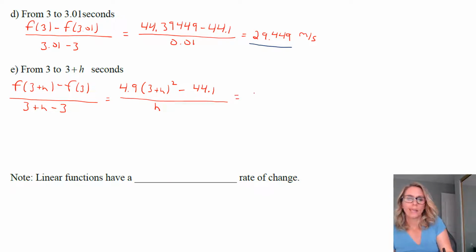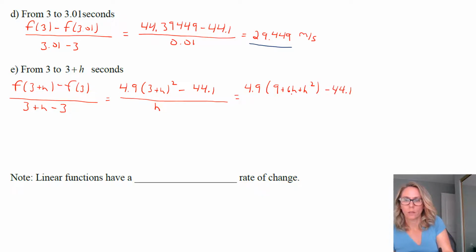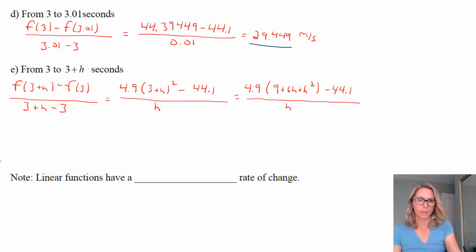So what's happening here is, now we would take the 3 plus h and we'd square that, so 3 plus h times 3 plus h. So that's going to have a 9, it's going to have an h squared, and then the middle is going to be 3 times h times 2. So plus 6h plus h squared minus the 44.1, don't forget it, and then divided by h. And then I'm going to bring it down here.